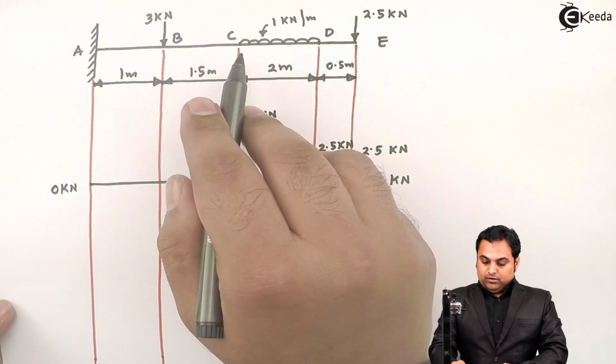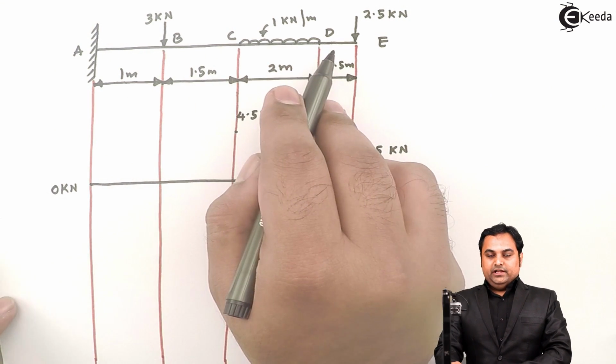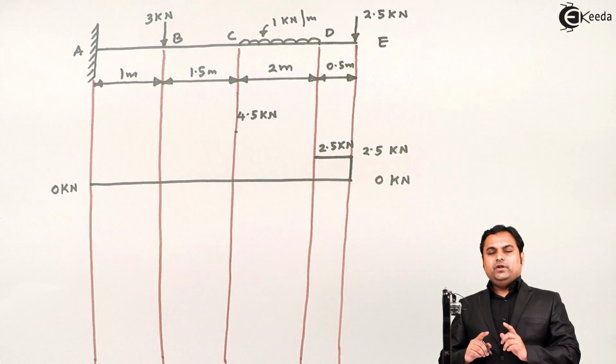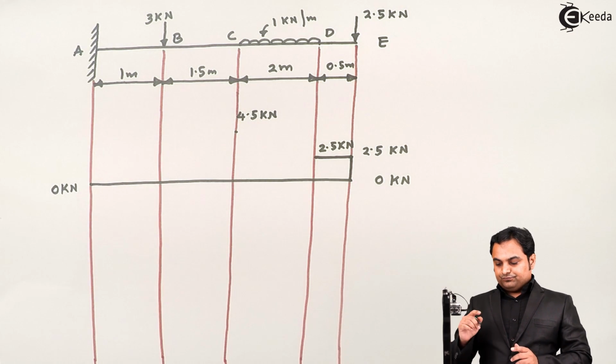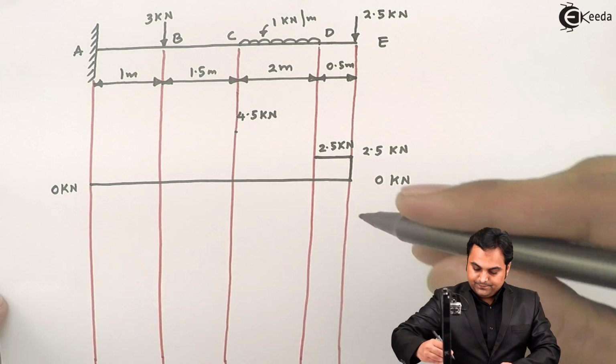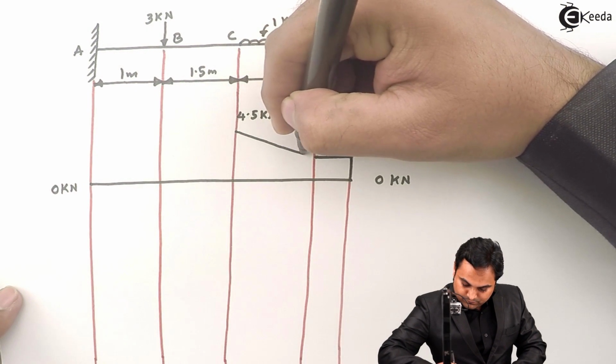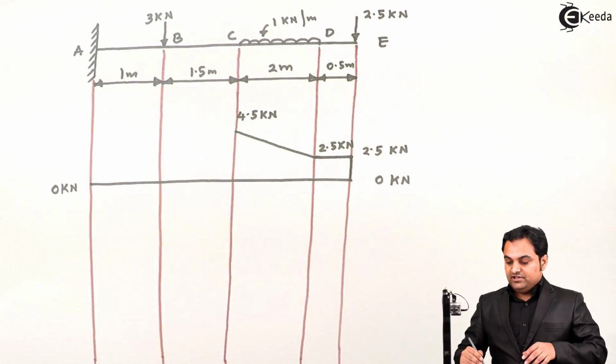Now between C to D there is UDL, so shear force will be an inclined line. Whenever there is UDL on the beam, shear force will be inclined. Here the shear force diagram is an inclined line.